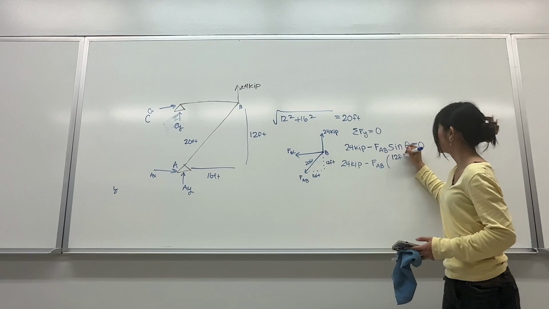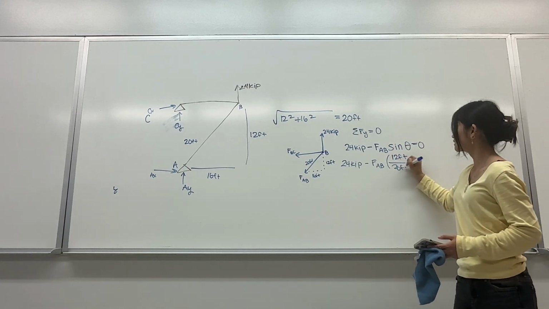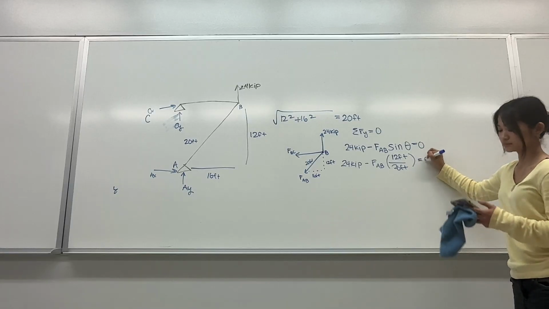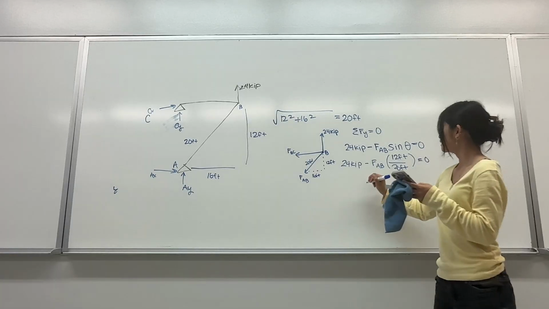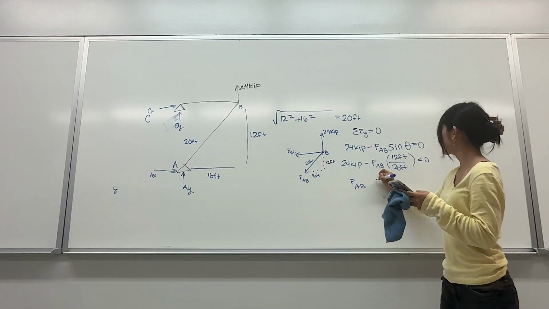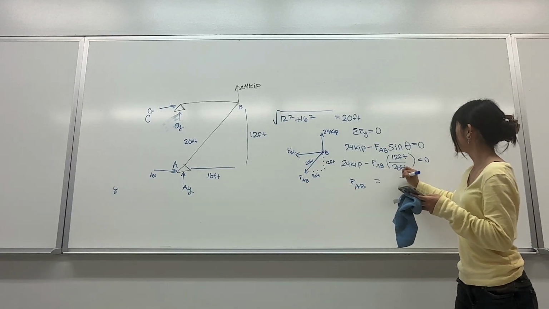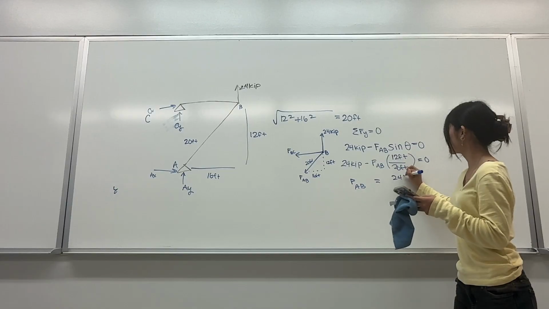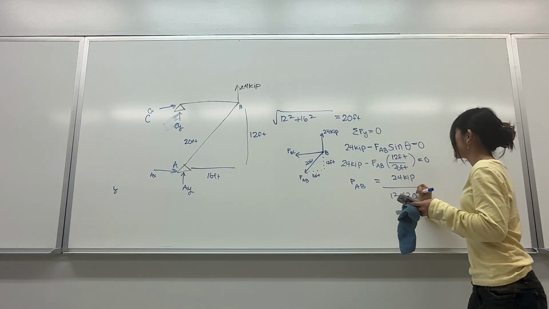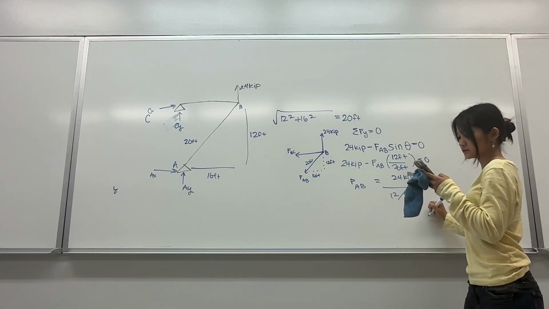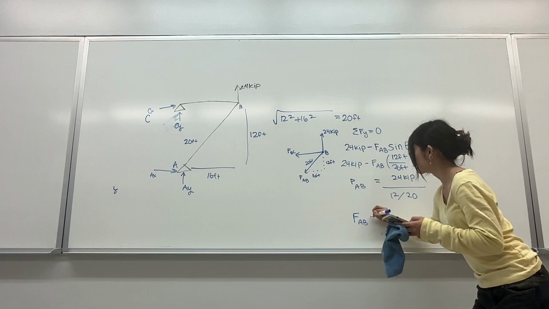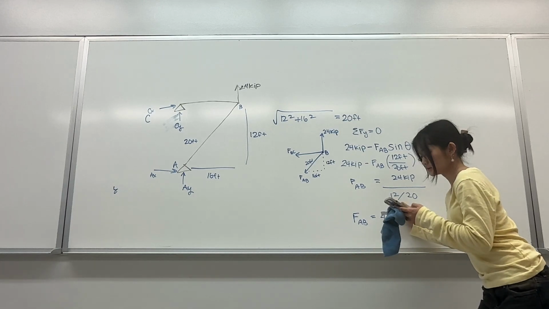So 12 feet over 20 feet, equals 0. So FAB is equal to 24 kips over 12 over 20, which is 40 kips. FAB is equal to 40 kip.